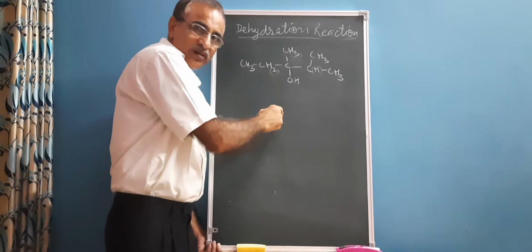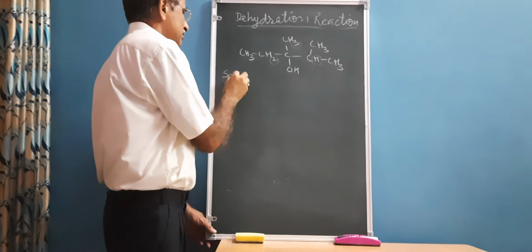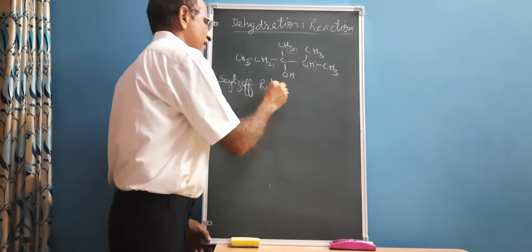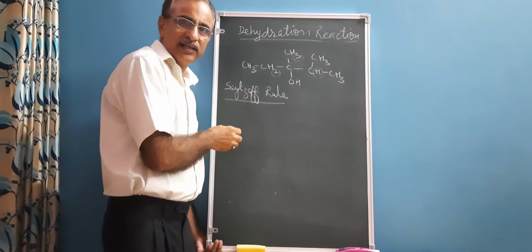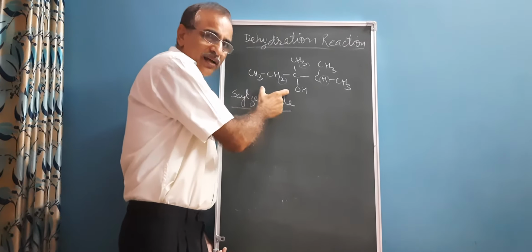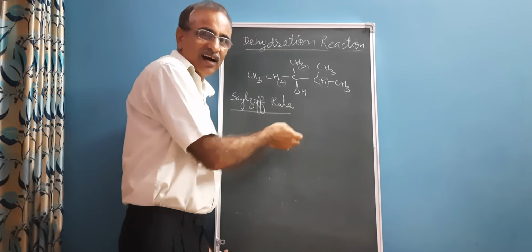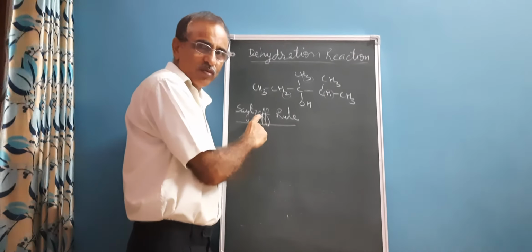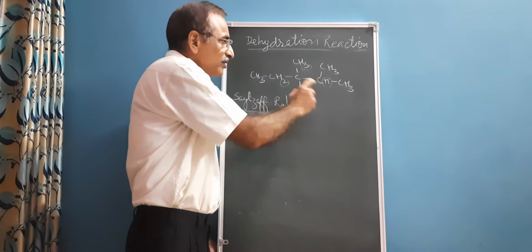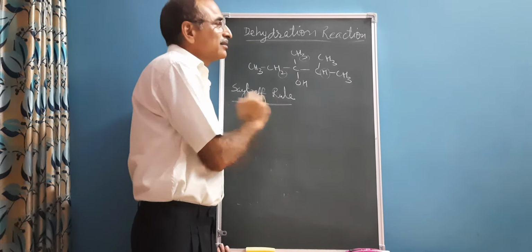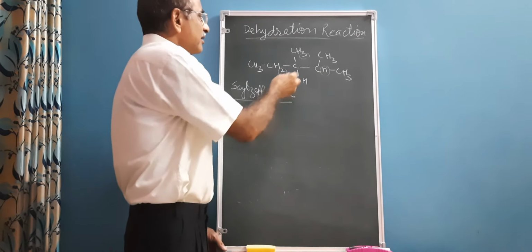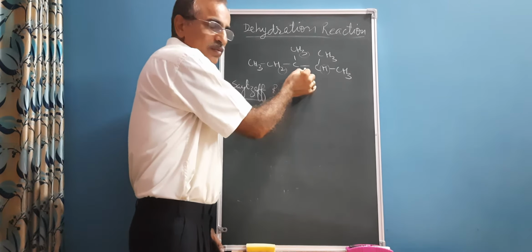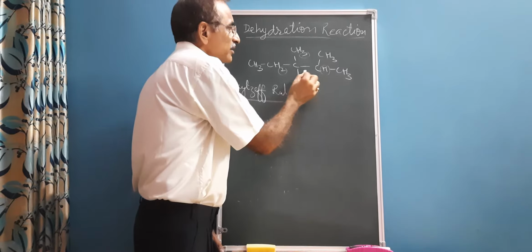This is governed by Saytzeff rule. This Saytzeff rule clearly states that whenever a dehydration or dehydrohalogenation reaction takes place, hydrogen is removed from the carbon which already contains lesser number of hydrogen. Here only one hydrogen is there, therefore alkene will be formed where the double bond will be in between these two carbon atoms.